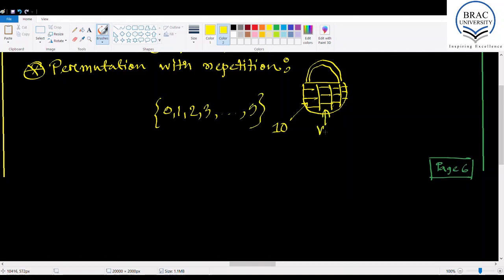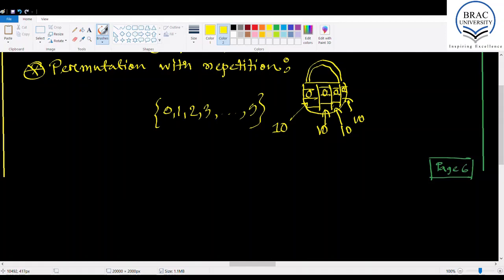For the second slot, there are 10 digits. Third slot, there are 10 options. Fourth slot, there are 10 options, right? So if we use the digit 0 in the first slot, you can also use the digit 0 in the second slot, the third slot, and the fourth slot as well.